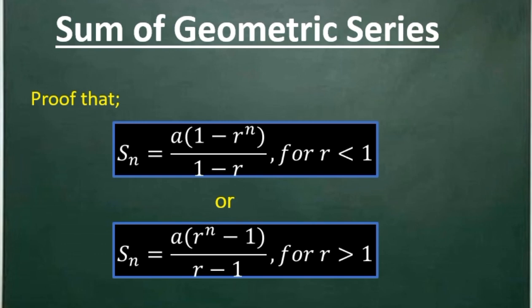The sum of a geometric series is given by the expression a into bracket 1 minus r to the exponent of n, divided by 1 minus r.